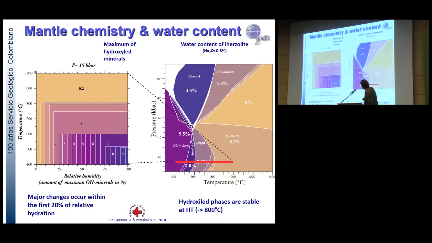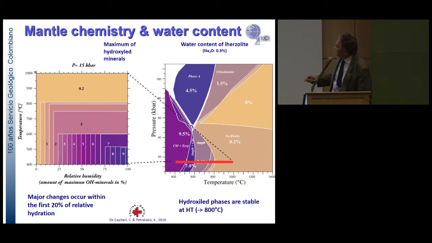You can see, of course, that if you assume it is completely serpentinized, at 500 degrees centigrade the serpentinite breaks down. You can see it here, so you have to change the mineralogy. The message from this diagram is that within the first 20% of hydration there is the big change.